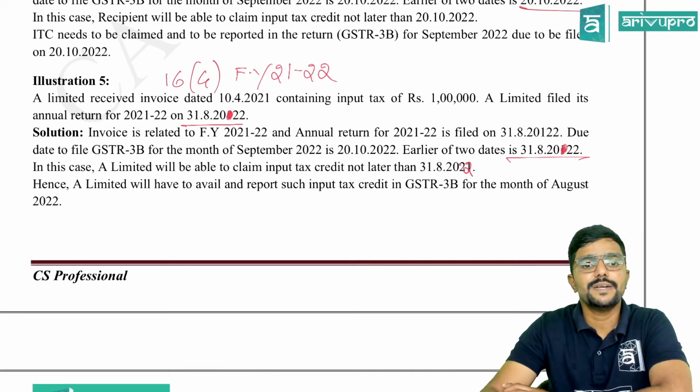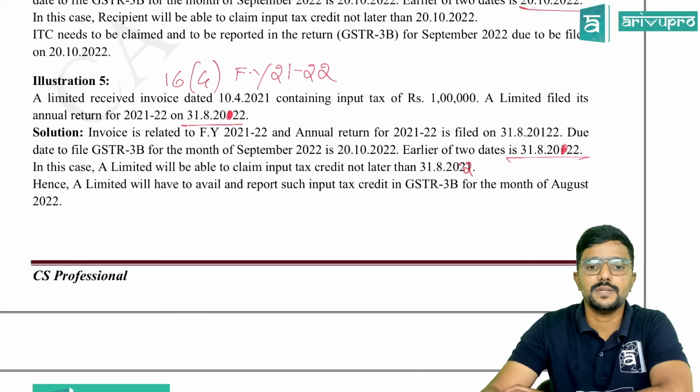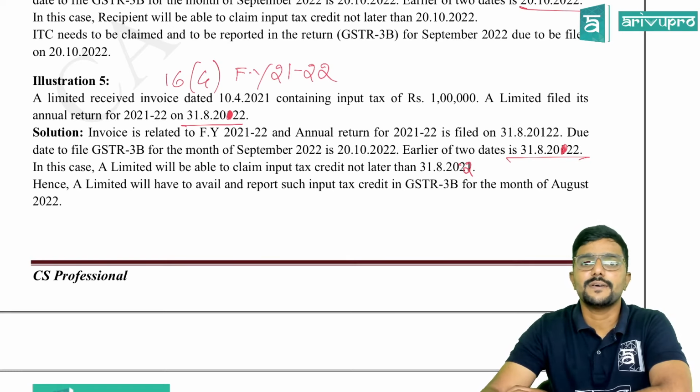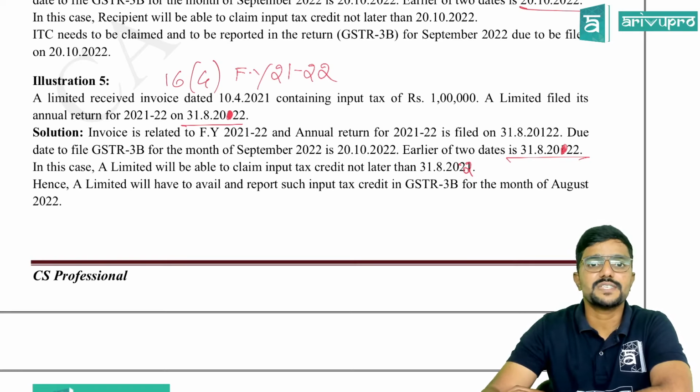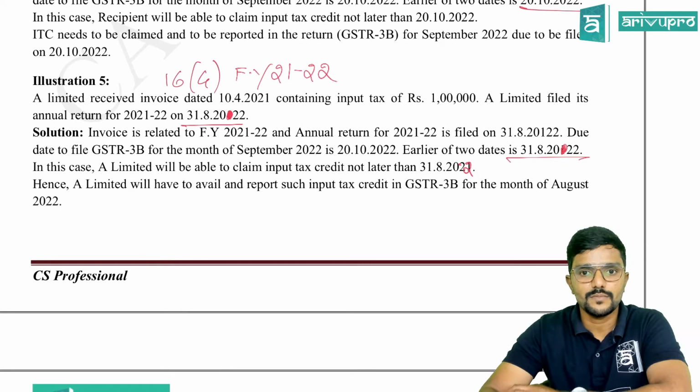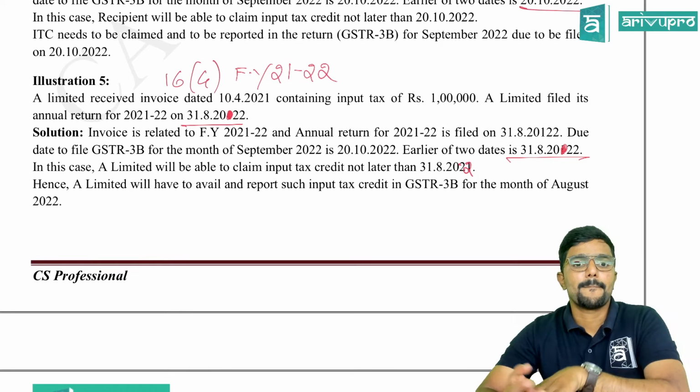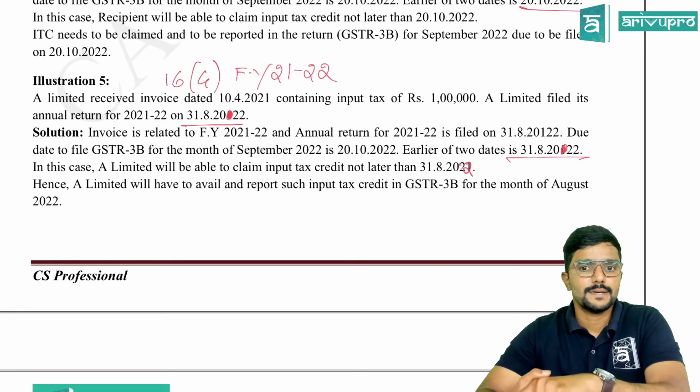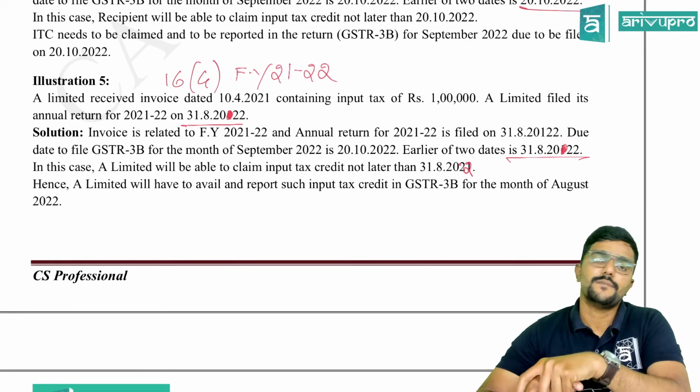Hence, A Limited will have to avail and report such input tax credit in GSTR 3B for the month of August. So whatever GSTR 3B he files, he has to claim the credit in that on or before 31st August. Clear? Yes, so fine guys.